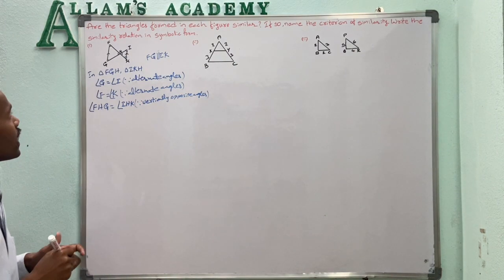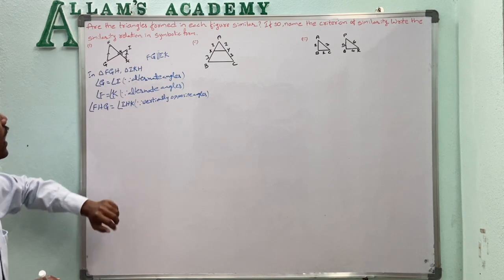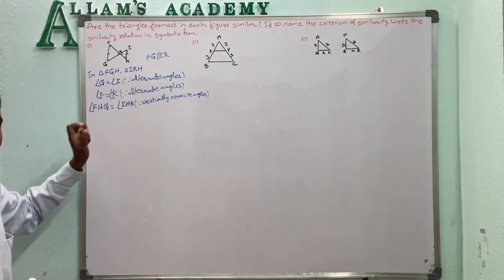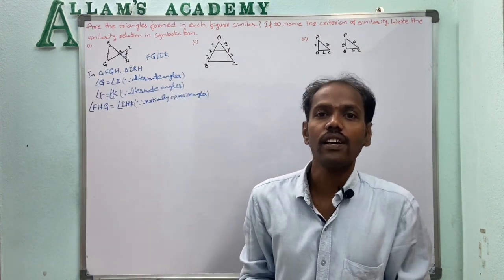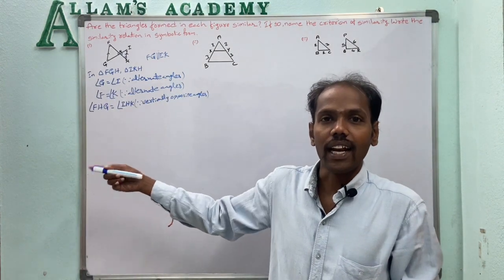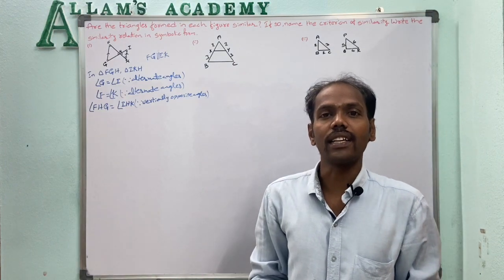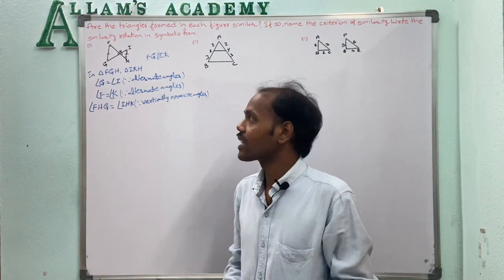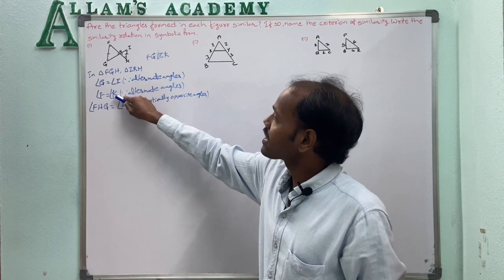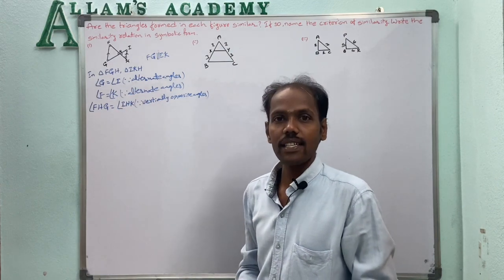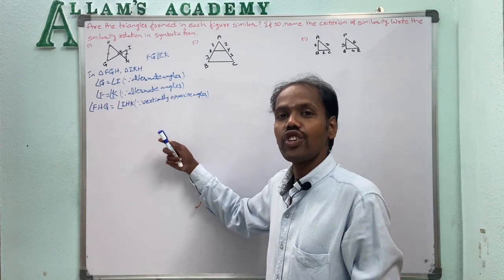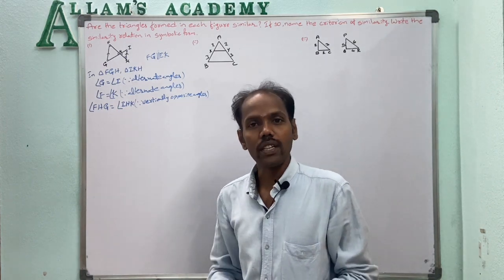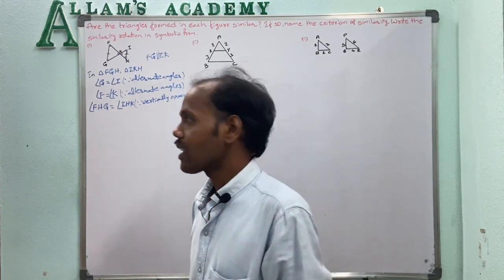So in these two triangles, the three corresponding angles are equal. We already learnt AAA similarity, in which it is stated that if corresponding angles are equal, then their corresponding sides ratio is also in proportion, so the two triangles are similar.